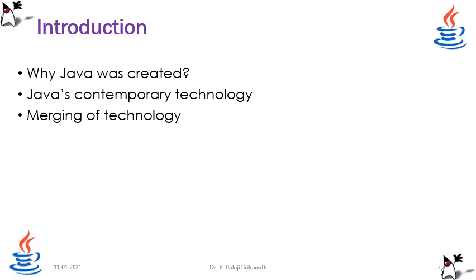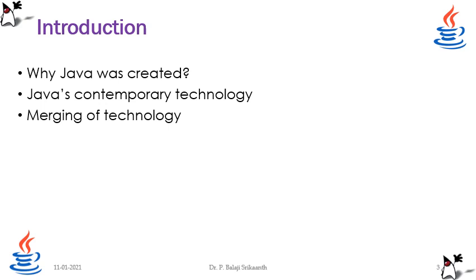Now there was a necessity to use one single programming language irrespective of the consumer electronics manufactured by different companies. They wanted a single programming language using which, if they write the program, all the electronic products could be controlled. To some extent people were successful, and that's how the Java language was created. However, it was not as popular as it was expected to be.